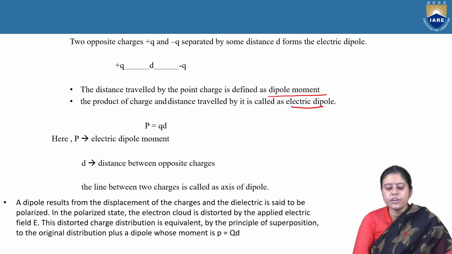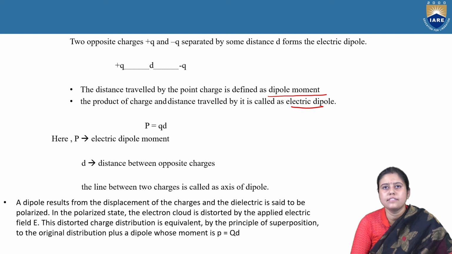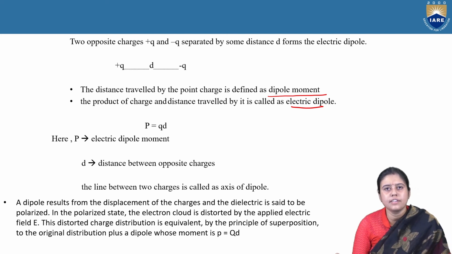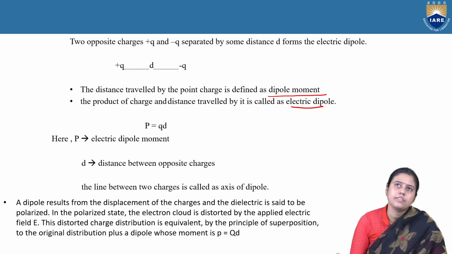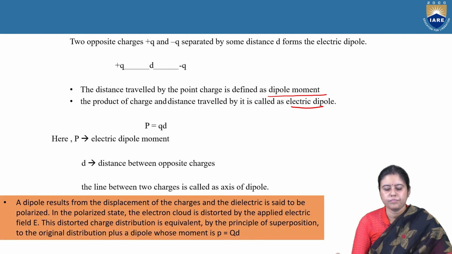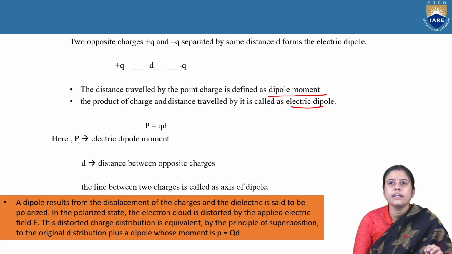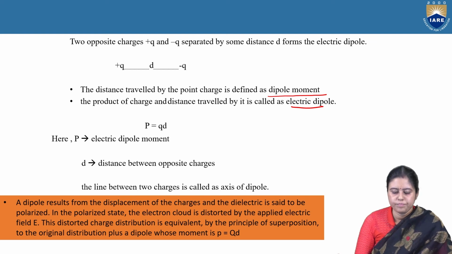And a dipole results from the displacement of the charge, and the dielectric is said to be polarized. Already we have discussed this in the previous slide also. This is the main important thing of the dipole charge.